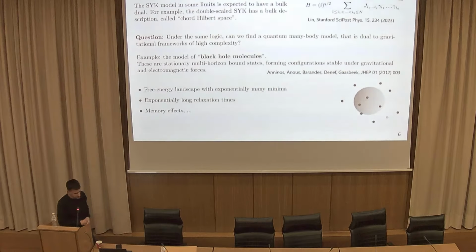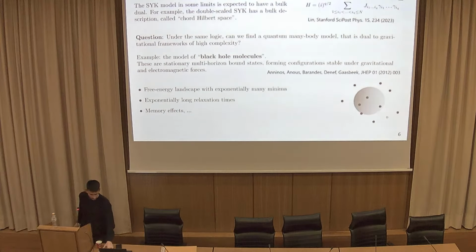People have studied this configuration of high complexity, and they have found some properties. The energy landscape has exponentially many minima, which means the system gets stuck in one of them and needs exponentially long times to relax and jump into another one.